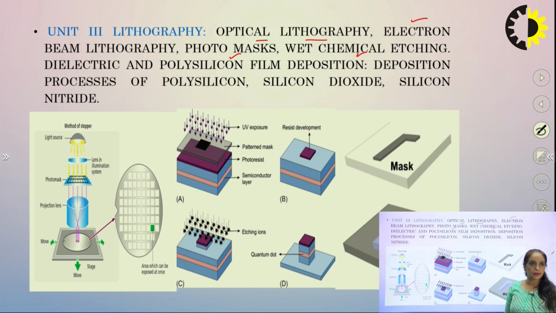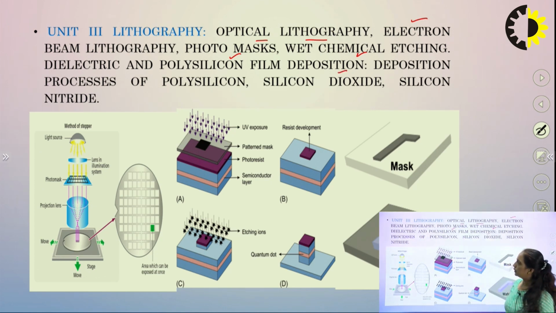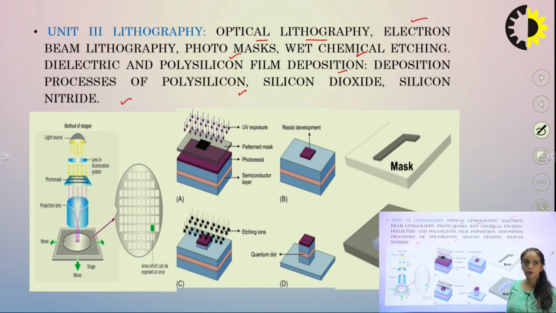What is the need of wet chemical etching? Then dielectric and polysilicon film deposition, the process of polysilicon, and silicon dioxide and silicon nitride processes we are going to study in the upcoming few lectures.